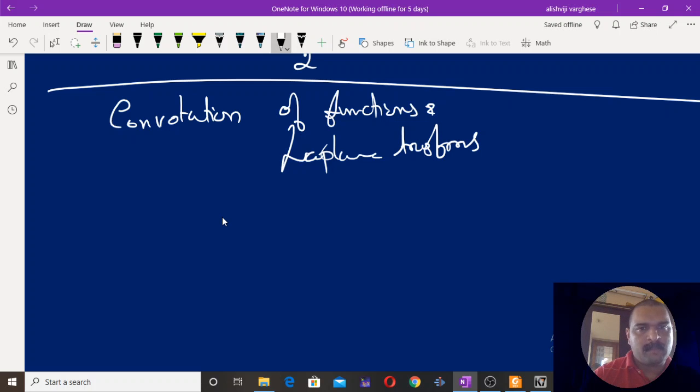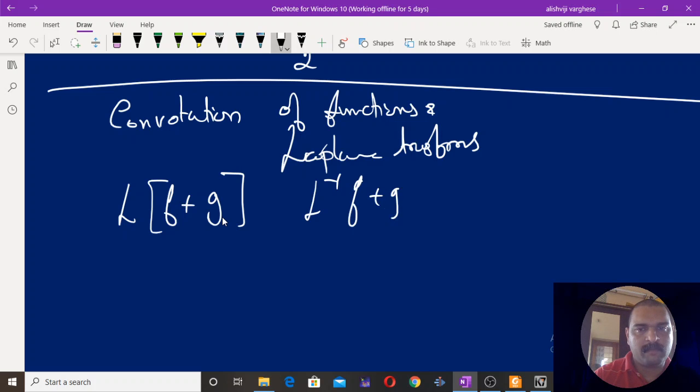The inspiration behind this is, if you have two functions f and g, then we think about the Laplace transform of f plus g and the inverse Laplace transform of F plus G. These two can be solved using the property of linearity of Laplace transforms.